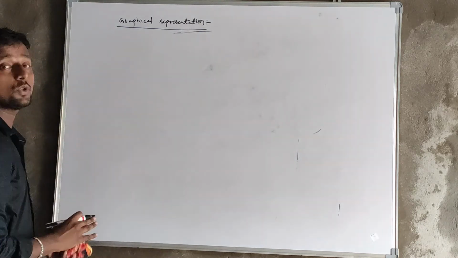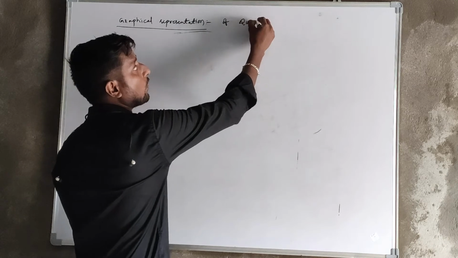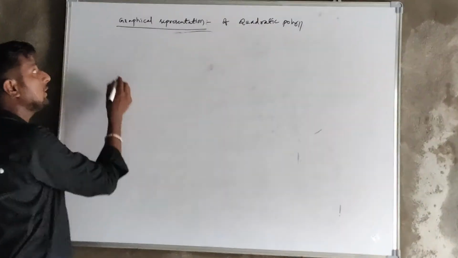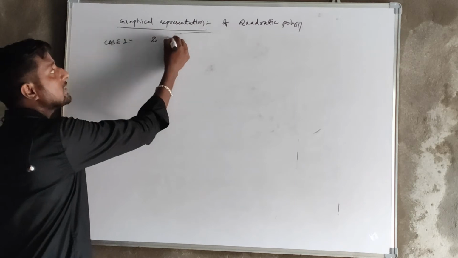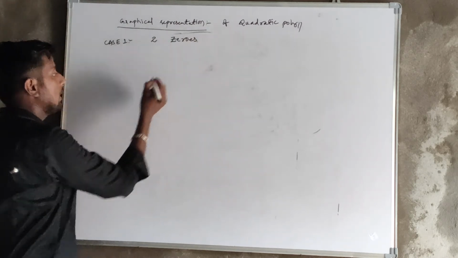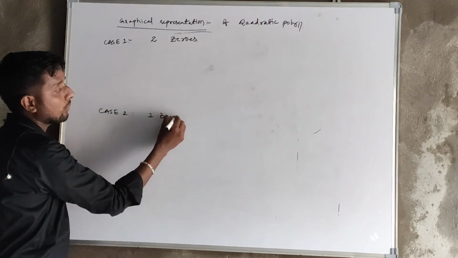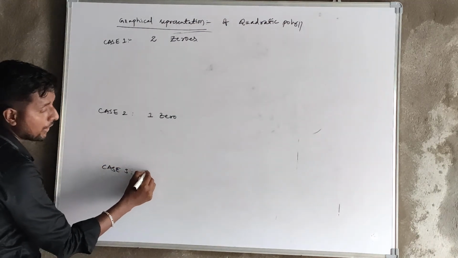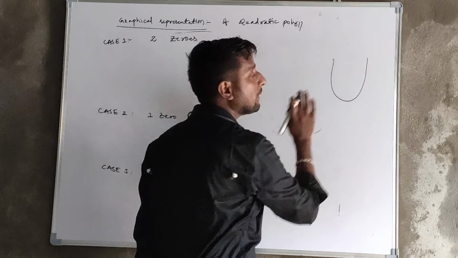Case 2, only one zero. Case 3, no zero. Now remember, a quadratic polynomial graphically represents a parabola.